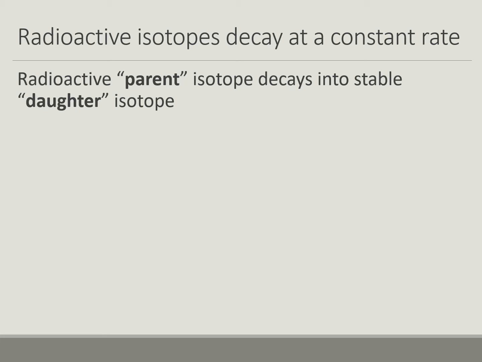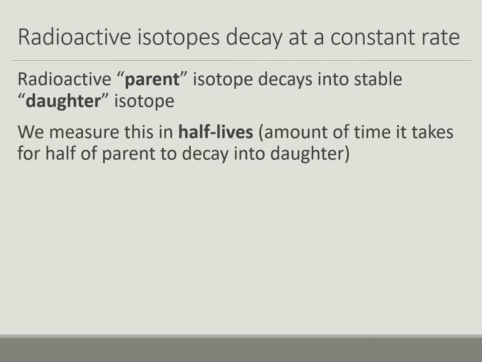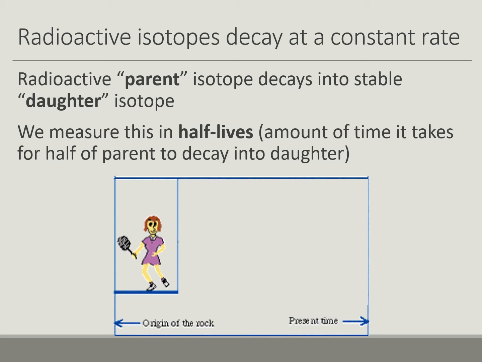So we have a radioactive parent isotope, right? These radioactive isotopes are very unstable. And so what happens is over time, they decay into a stable daughter isotope. We measure this in half-lives, which is the amount of time it takes for half of the parent to decay into the daughter isotope. So here's a picture showing that, right?